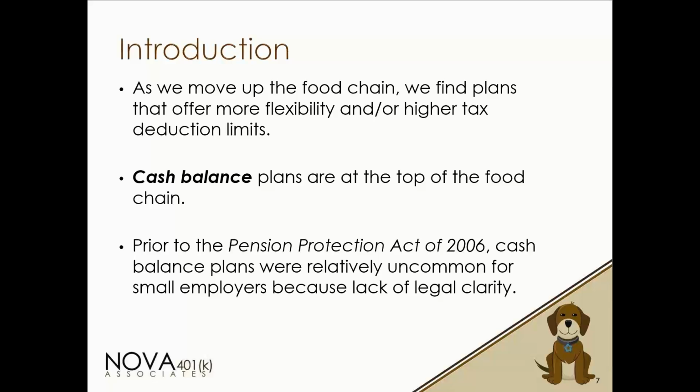The challenge with cash balance plans, at least previously, prior to PPA, the Pension Protection Act of 2006, was that there were a lot of administrative and regulatory uncertainties around them. And PPA and subsequent guidance and regulations since then have cleared up a lot of that. So it makes cash balance plans much more appealing to certain organizations.